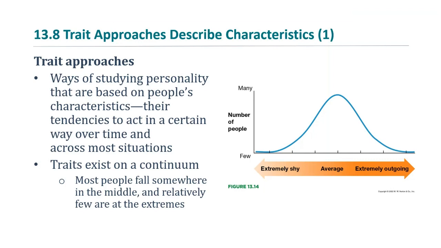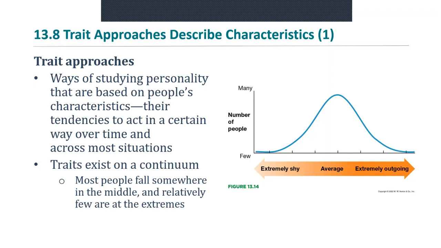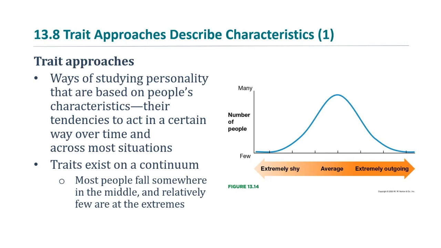Personality traits can be viewed on a continuum, as in this example shown on the screen. For example, in terms of shyness, people range from extremely shy to extremely outgoing. Most people tend to be in the middle, have an average amount of shyness. Relatively few people are in the extremes of any personality trait.